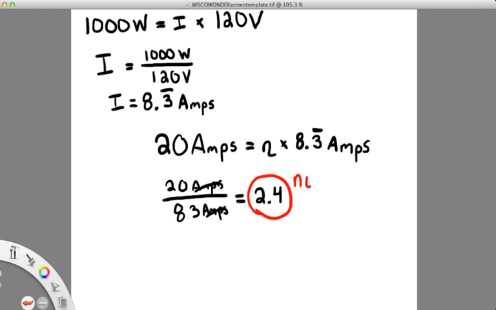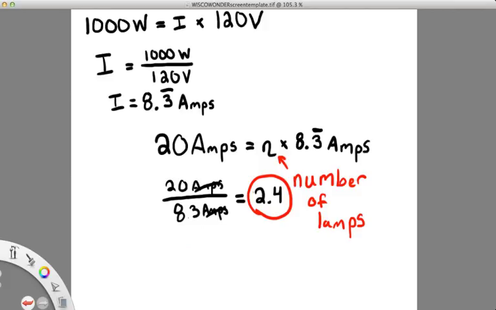Now, you have to use your head here, because remember, 2.4 is referring to the number of lamps, n. How are you going to have 2.4 lamps? It doesn't make any sense. You need 0.4 of a lamp. It's just silly. So use your head here. You can't have 2.4 lamps.